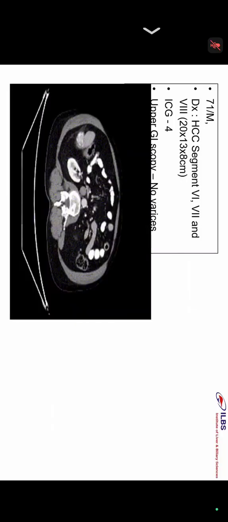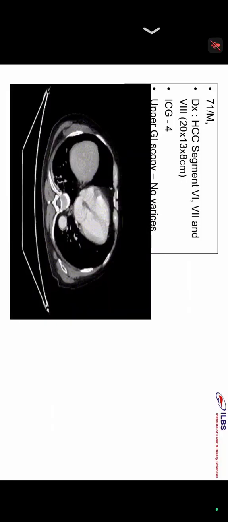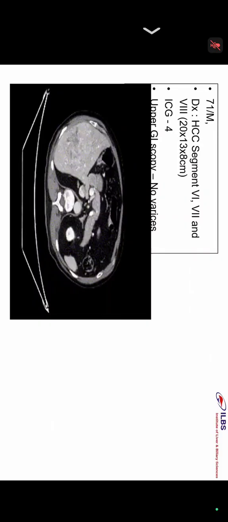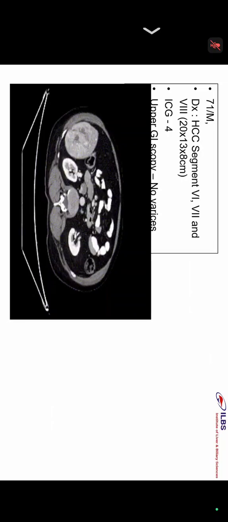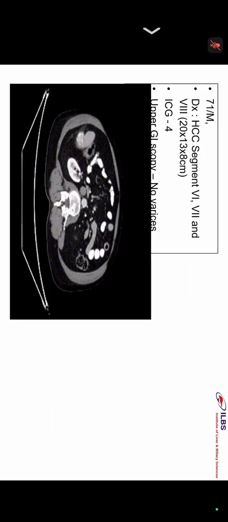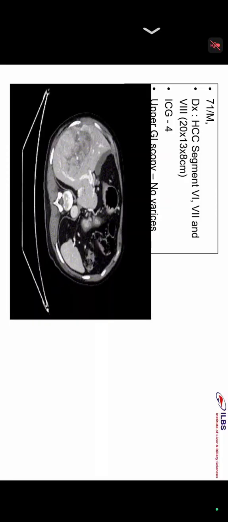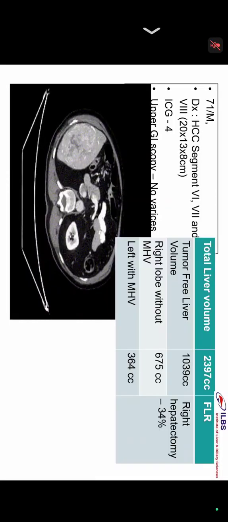Okay, so coming to optimization. This is just some of the patients I will take you through. A 71-year-old male with HCC in the right lobe of the liver, segments 6, 7, and 8. ICG was 4, and upper GI endoscopy showed no varices. You can see a large tumor in the right lobe of the liver. This was the volumetry.